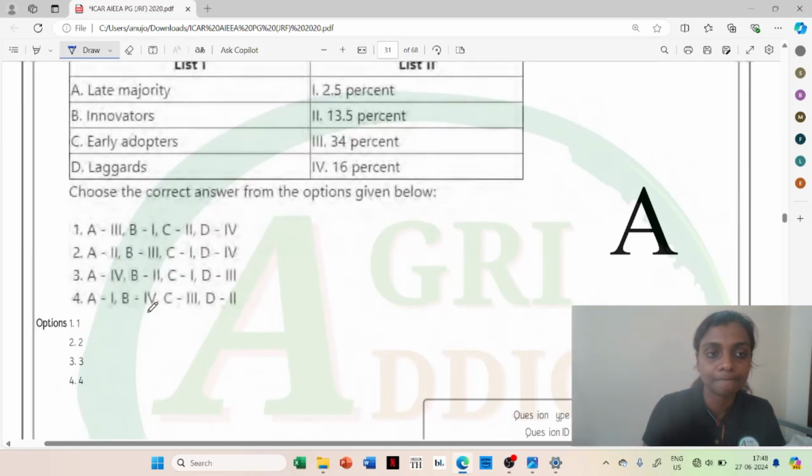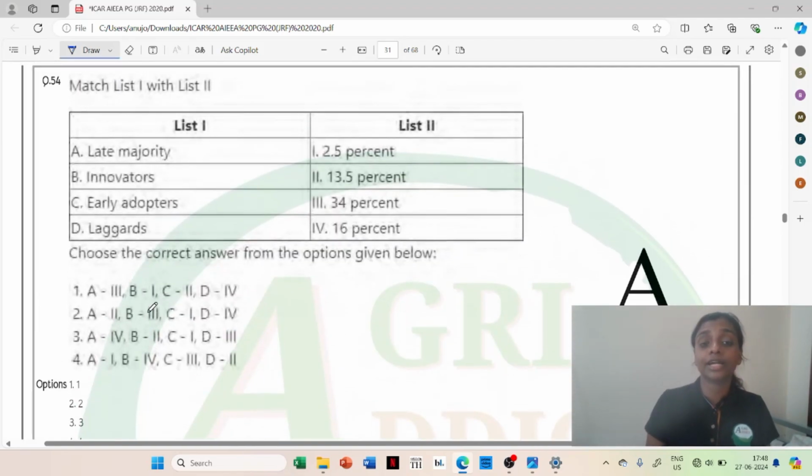Next question is regarding adopter categories. As I told you in the communication models, the adopter category is a very important portion from the point of view of JRF social science question papers. Most of the time they will ask you to arrange the adopter categories in order of their innovativeness.